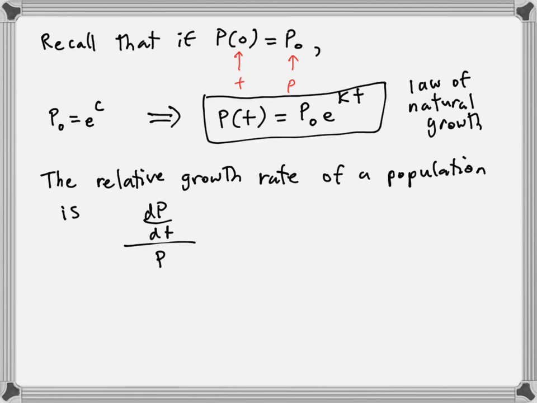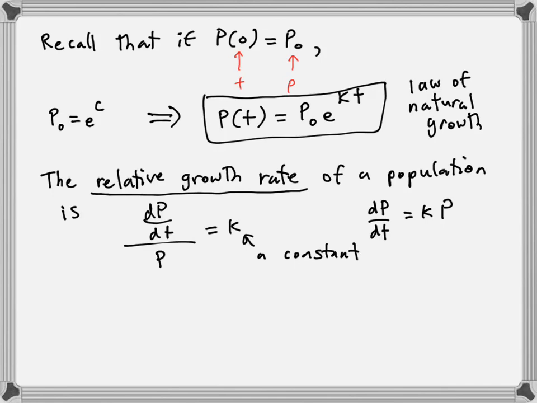But remember, and let me underline that because this is a definition. But remember, if dP/dt is equal to k times P, and this is just the given of the model, then that means if you divide both sides by P, you end up with this, which is a constant.